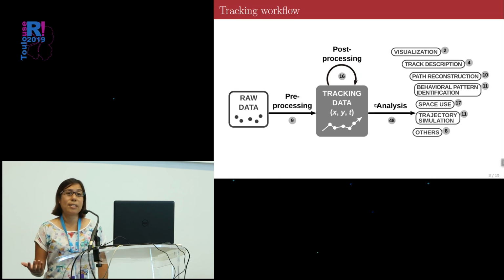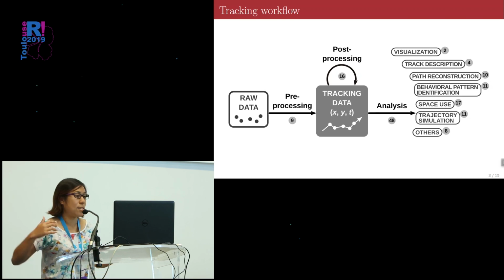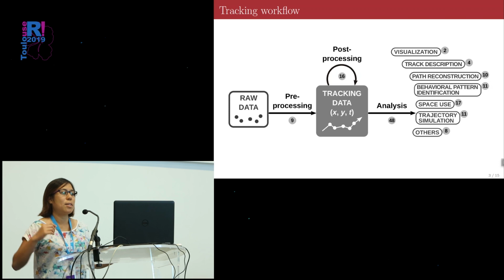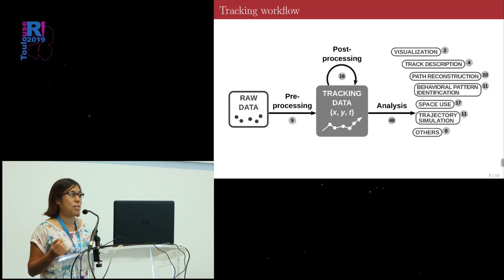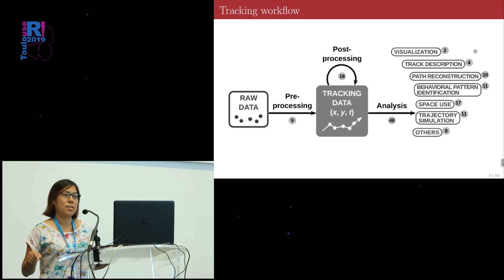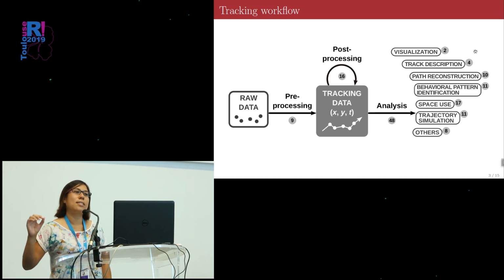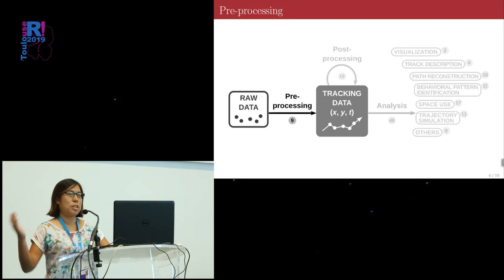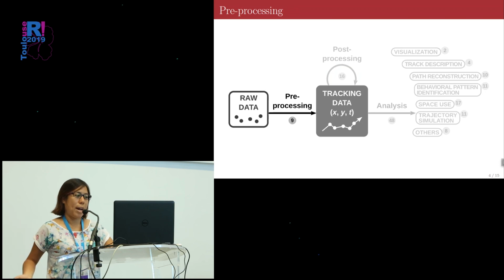And then in terms of analysis, there are different kinds, such as visualization, track description, path reconstruction, behavioral pattern identification, space use, trajectory simulation, and other types of analysis. And what you can see here, the numbers, are the number of packages doing each task, and some packages are doing more than one. I'm going to start talking about pre-processing, so it's passing from raw data to tracking data.